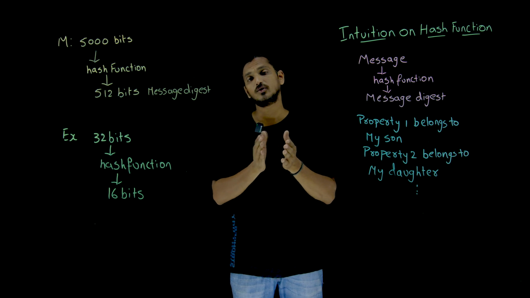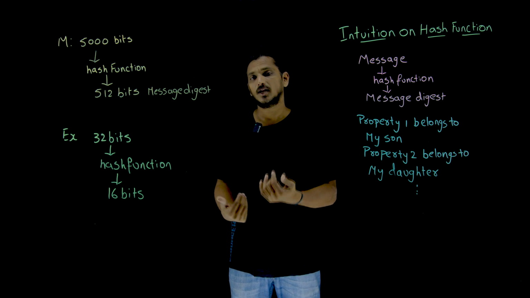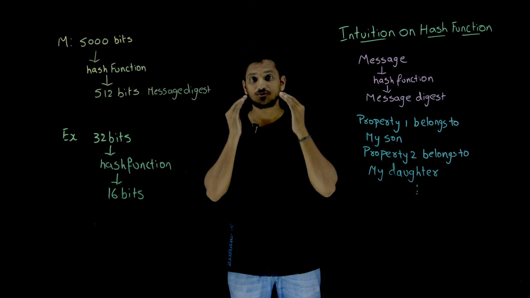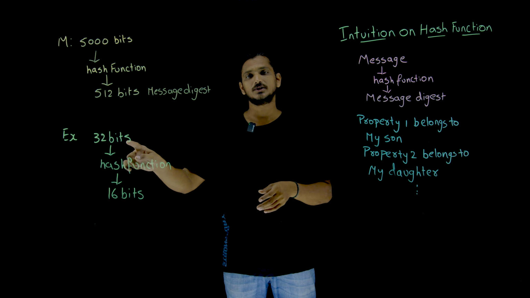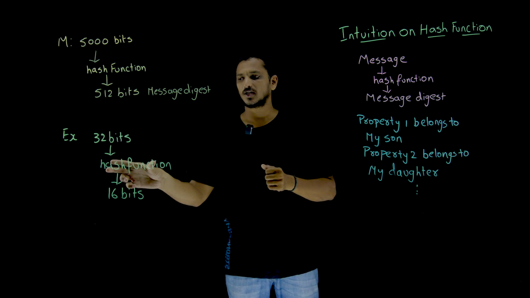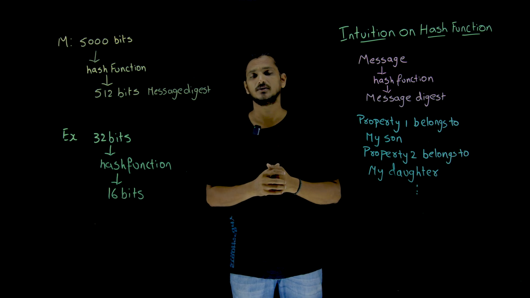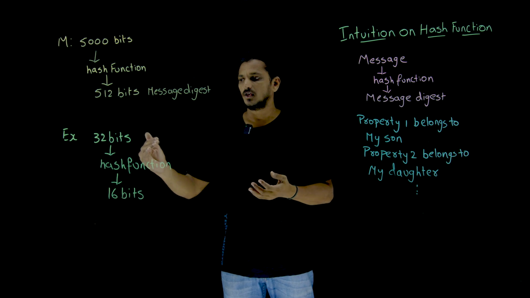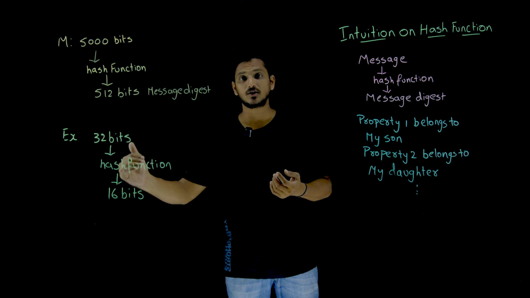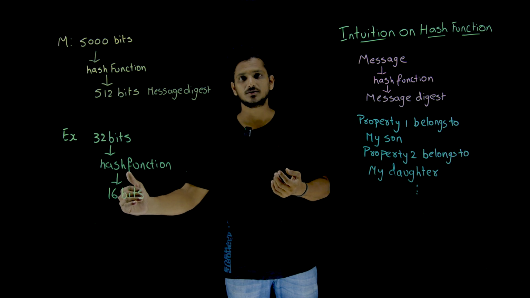Take a message of 32 bits, shortened for better understanding, and assume it is a fixed length message. These 32 bits are sent into the hash function, and it generates a message digest of 16 bits. You take a message, convert it into 16 bits. You take another message, convert it into 16 bits, and so on.